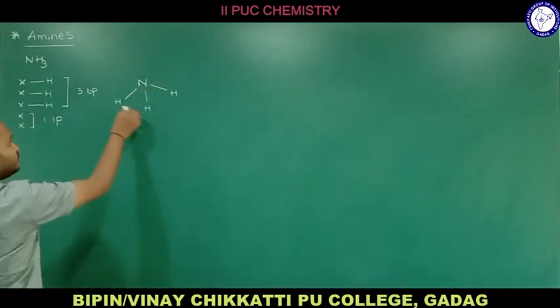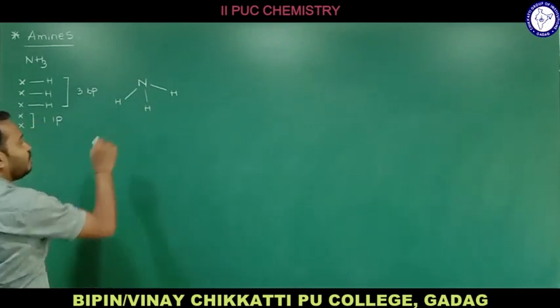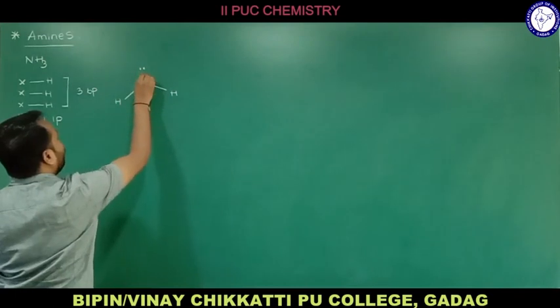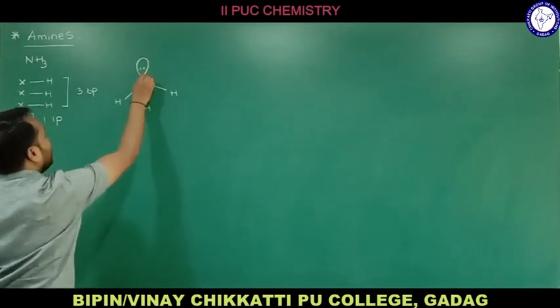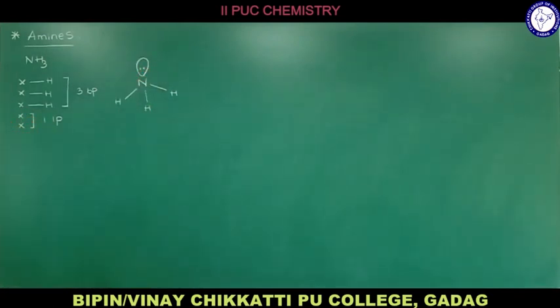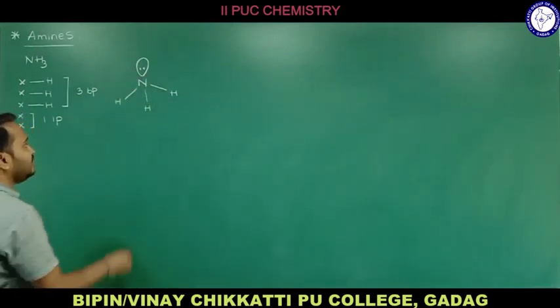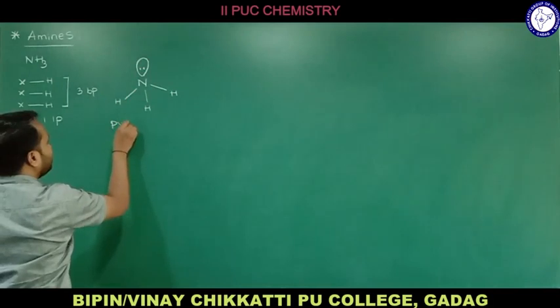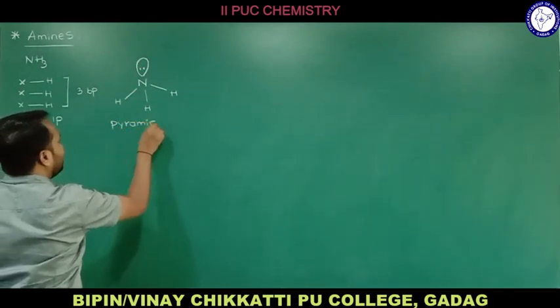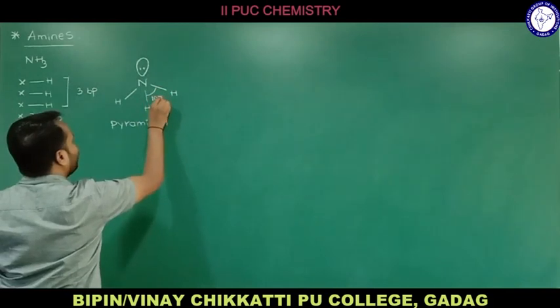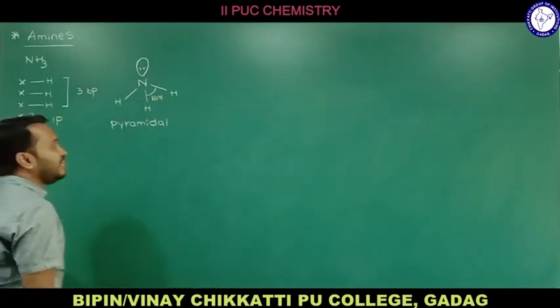These hydrogens occupy the corners of the regular tetrahedron, and of course we have 1 lone pair of electrons that occupies 1 more corner. So we have 3 bond pairs and 1 lone pair, and this shape is nothing but pyramidal, and the bond angle in ammonia is 107 degrees.